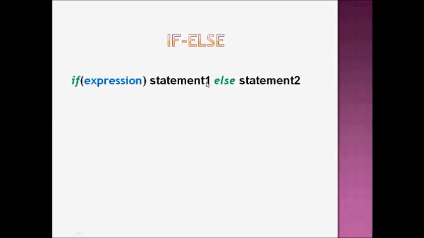But if this expression is false, in other words, if the value of this expression is 0, then statement 2 will be executed. It will be clear after this example.